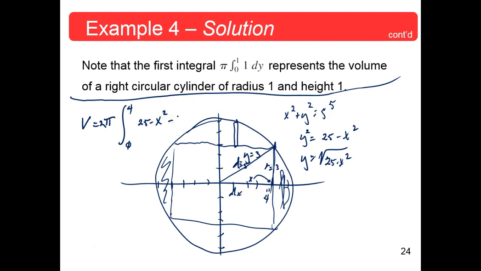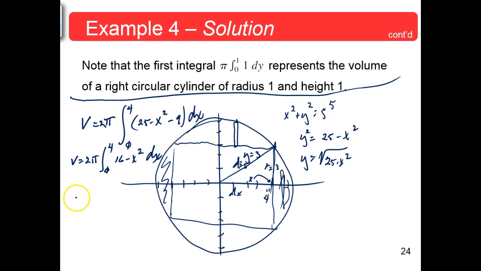Minus 3 squared, which is 9, dx. I usually like to do that beforehand, so I can just write down my integral. V is equal to 2 pi integral from 0 to 4 of 16 minus x squared dx.